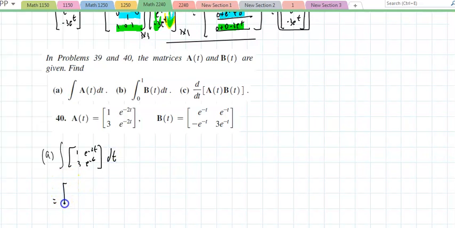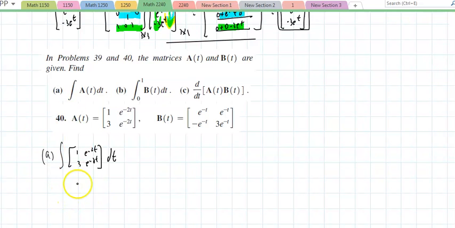individually, and that would be t e to the negative 2t divided by negative 2, 3t, and e to the negative 2t divided by negative 2.